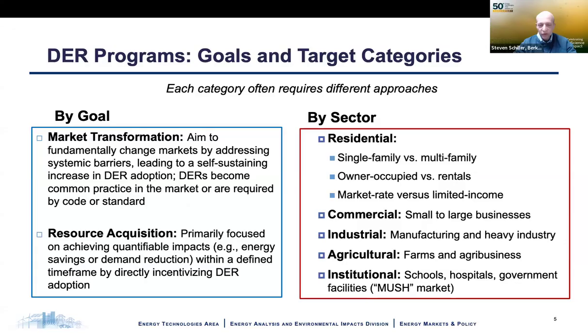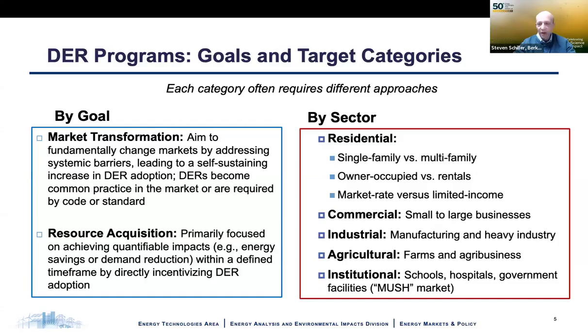Whereas resource acquisition is a term that's commonly used when you're focused really on just quantifying the quantifiable impacts in the short term. Basically, you want people to immediately reduce their demand during peak hours. And so you have a program that's focused particularly on the individuals that you're addressing, versus market transformation, which looks at the broader market, participants, non-participants.